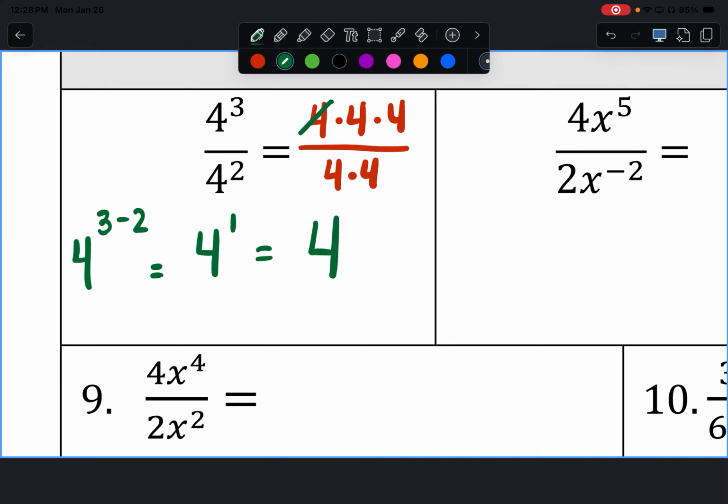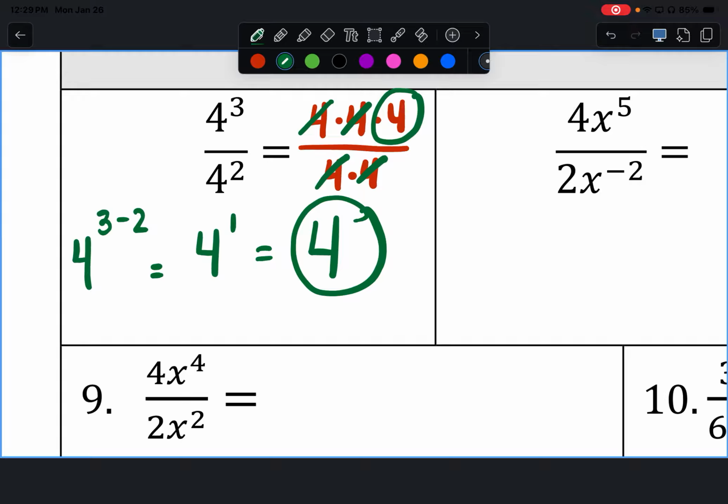So 4 divided by 4 is 1, so that makes that cancel out. 4 divided by 4 is 1, so that makes that cancel out, leaving just what? 4. And so that is why the subtraction works. You're dividing out the pairs of things in the numerator and the denominator to leave you with just the things left. Okay?